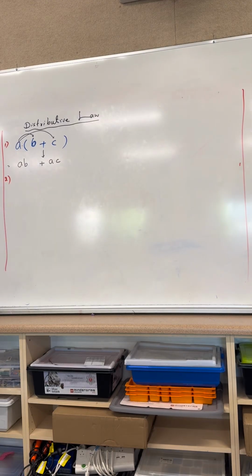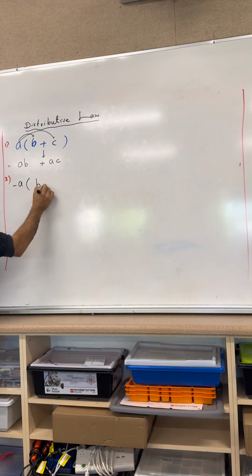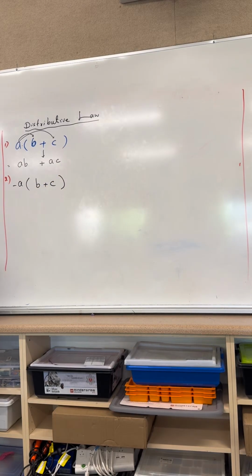What if you have a negative outside? Let's follow the same example. If I have negative A outside, B plus C inside the bracket, what do we do? Now remember, the negative will affect the terms inside the bracket.